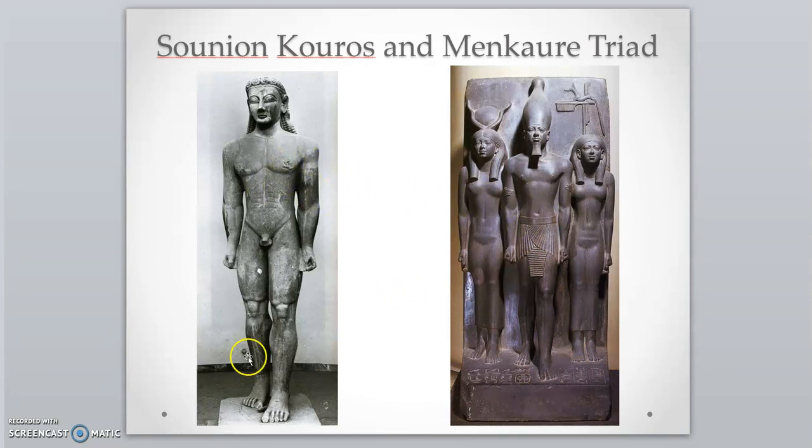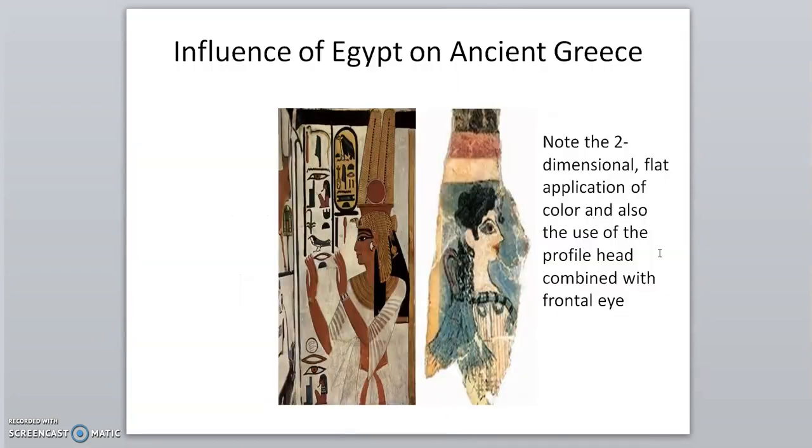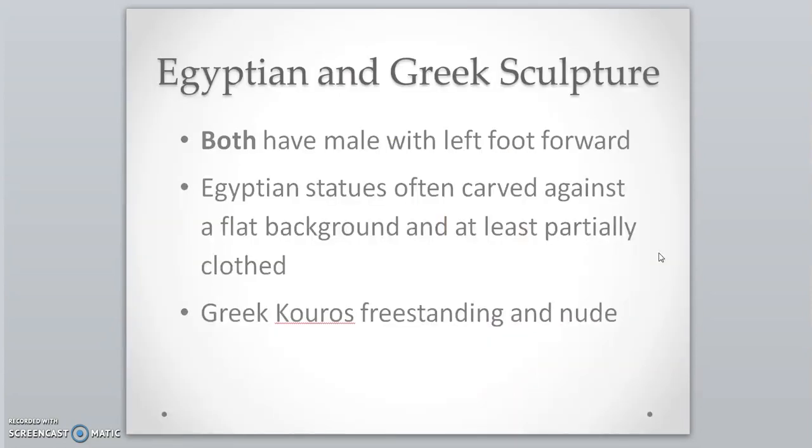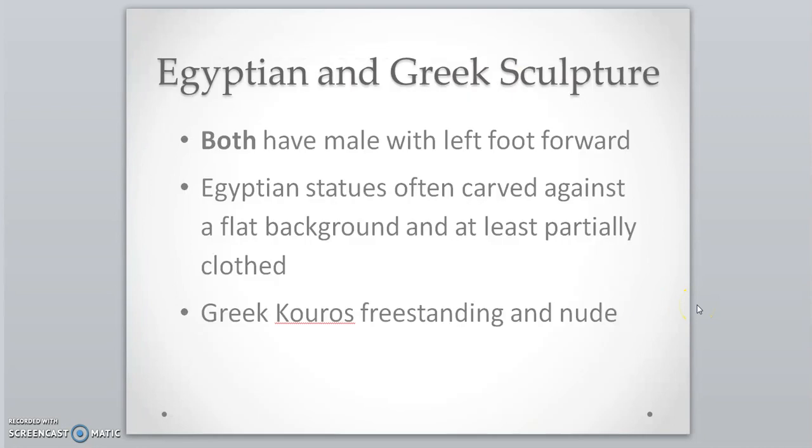Both are formal and stiff, being close to one block of stone. The Greeks, of course, will develop a much more nude and free-flowing sculptural figure as time goes on, but they certainly borrowed originally from the Egyptians and modeled a lot of their early art off of the Egyptians.